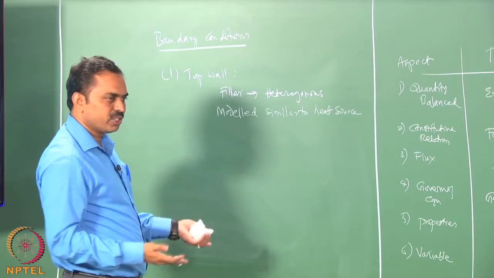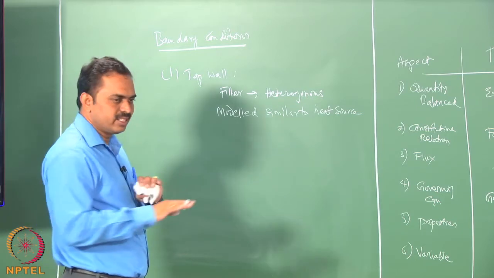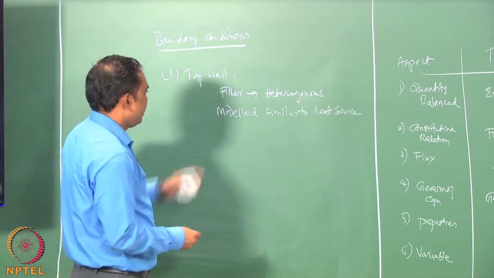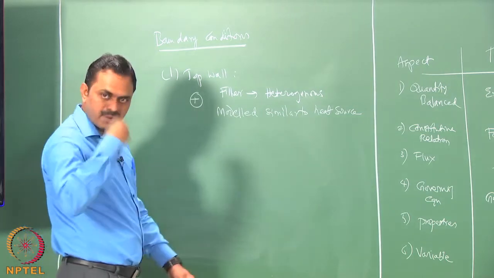So, you could have a Gaussian distribution coming in from the surface. You may also have top hat, that is a uniform distribution of solute coming from the top surface, and this is when you have an addition of material coming from the top.